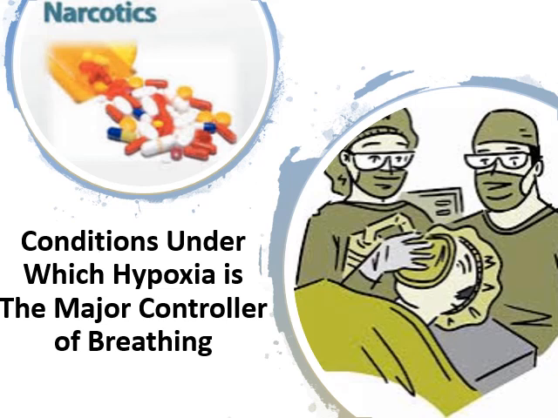But there are certain conditions under which hypoxia is the major controller of breathing. These conditions include depression of the brain or the respiratory center by narcotics or anesthesia. The effect of carbon dioxide on the central chemoreceptors is abolished. Thus, the effect of hypoxia on the peripheral chemoreceptors becomes the driving force for respiration.